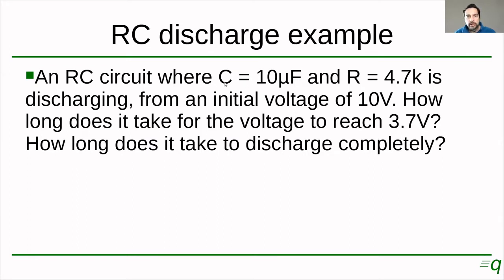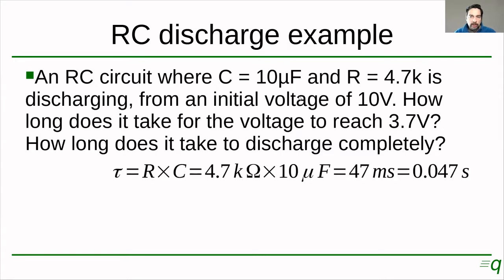And because tau is 10 microfarads times 4.7 kilo ohms, which is 47 milliseconds, we can conclude that it will take 47 milliseconds to discharge from the initial 10 volts to the 3.7 volts. And 47 milliseconds is the same as 0.047 seconds, okay?